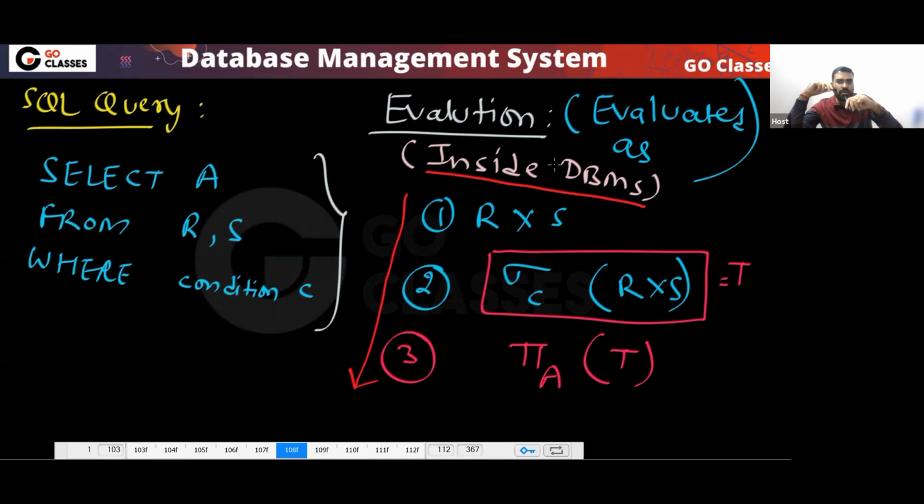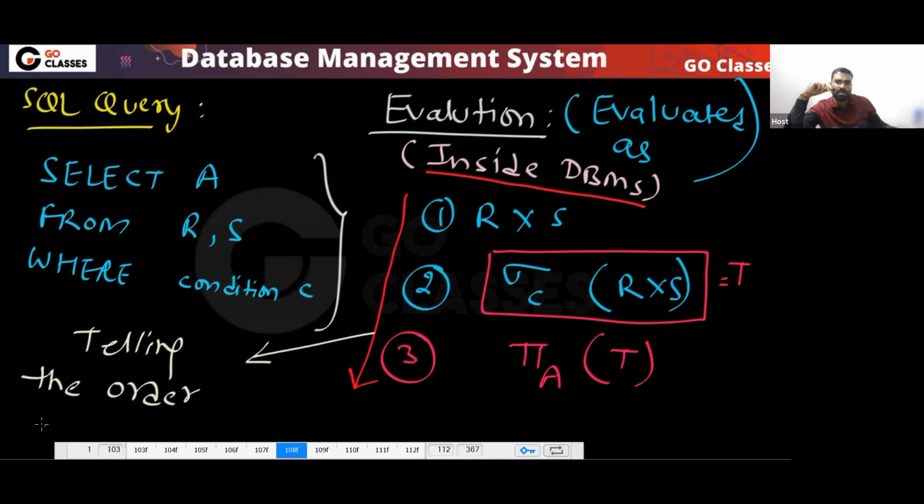So if it is declarative, will you tell in which order things will happen? But here you are telling the order in which things will happen, yes or no? Here you are telling the order of operations.